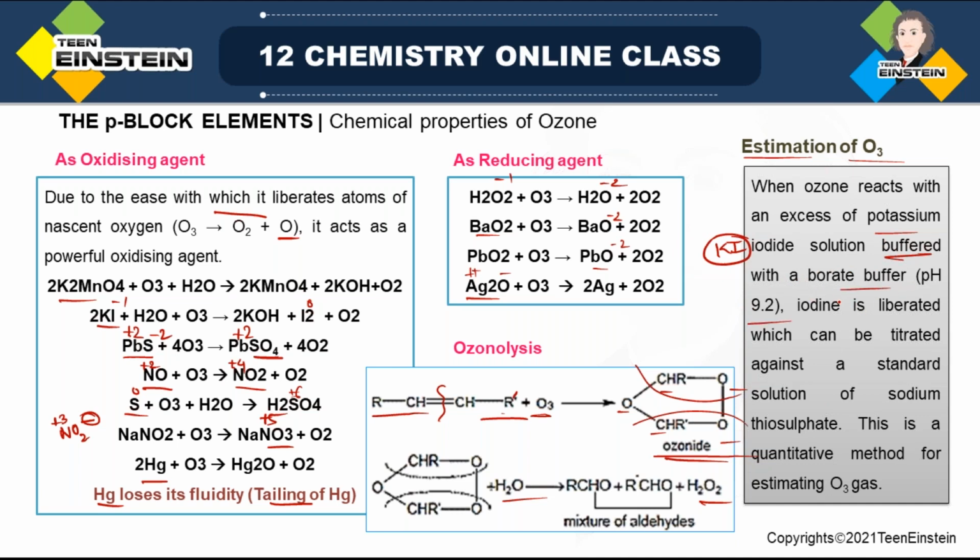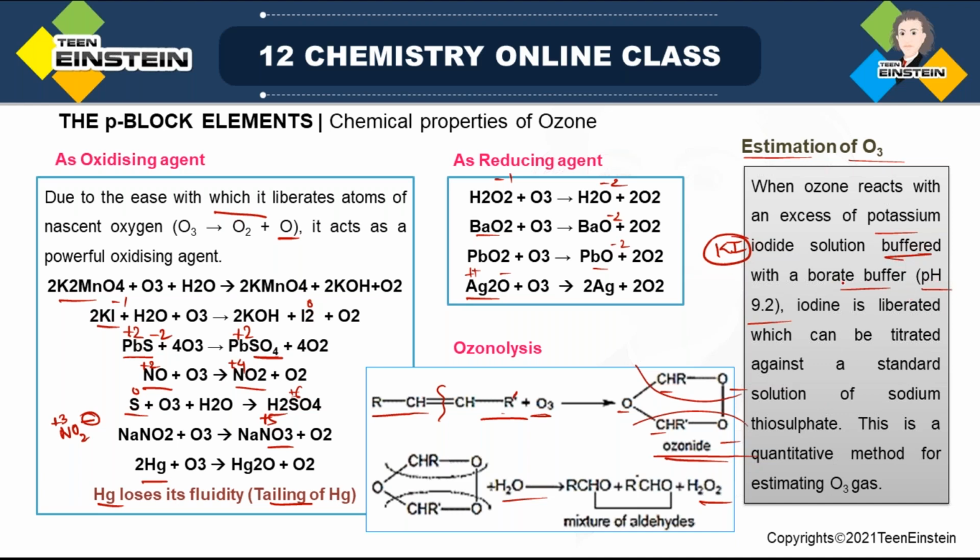We use a buffer when we want the pH to remain fixed. So buffer helps us to maintain the pH. Here we need a pH of around 9, and that is why borate buffer is used.